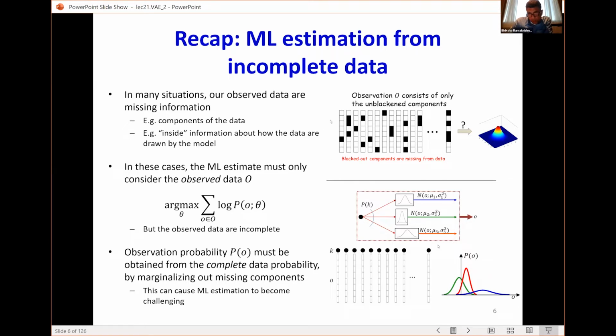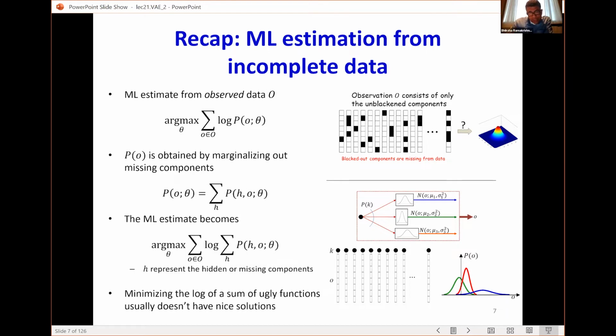And because of the missingness of these variables, it becomes very hard to estimate the distribution. The reason is that the maximum likelihood principle says you must maximize the likelihood of the observed data. And so you want to maximize log P of O, where O is the observed data, but then the observed data are incomplete. You may be missing some components or some other variables which carry information.